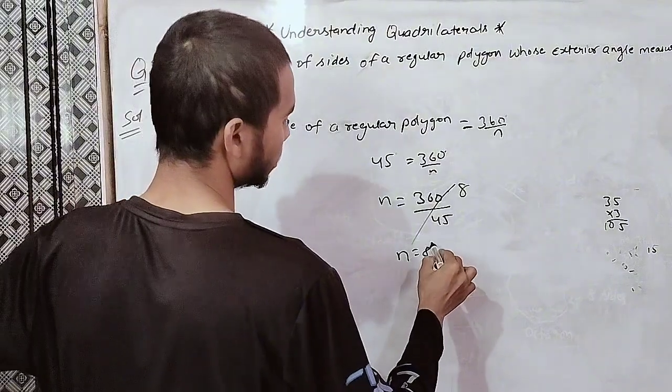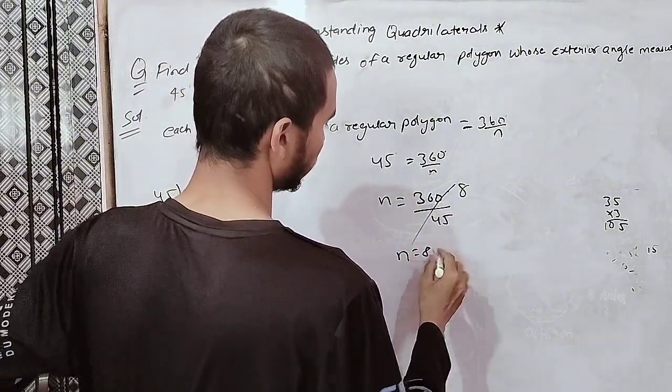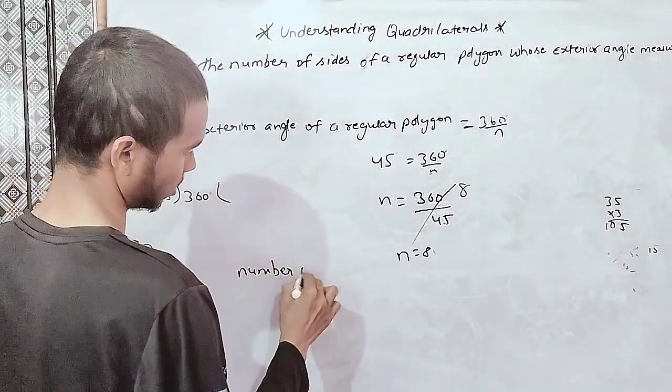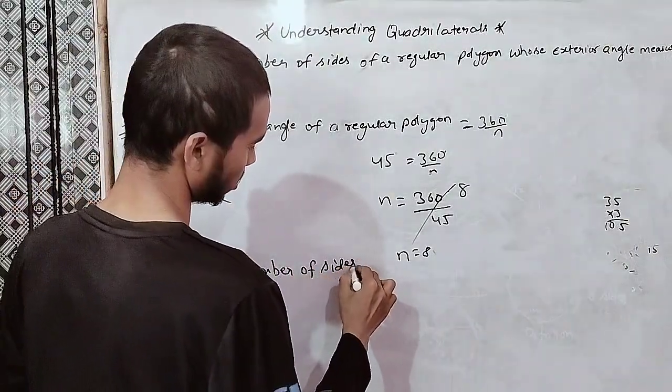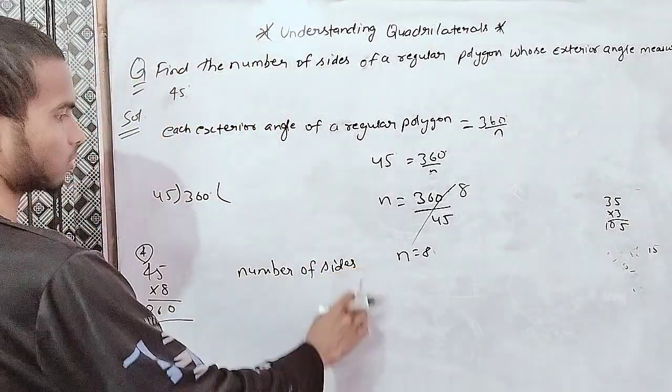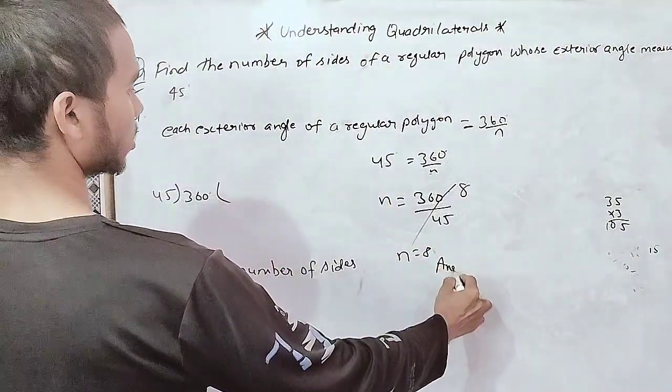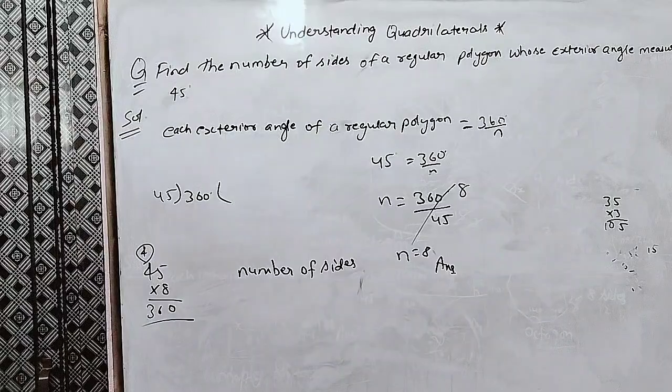So the number of sides is 8. In this you can write the number of sides is 8. Okay, just have a look at this question.